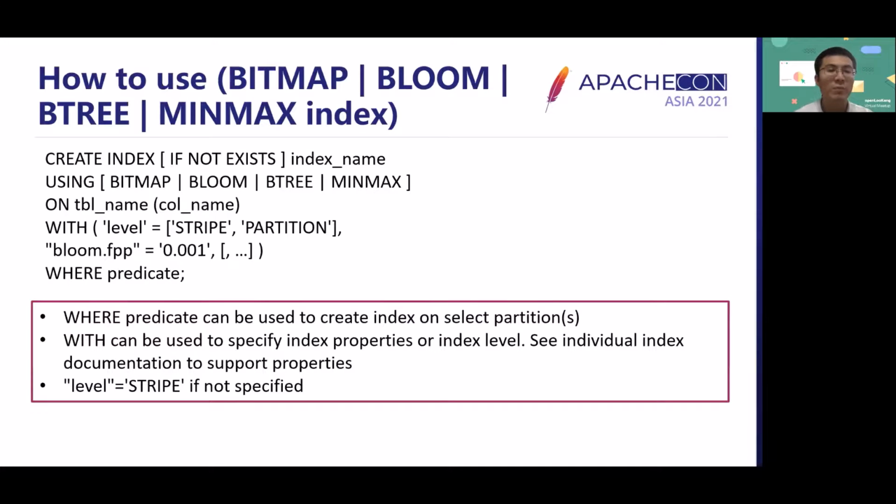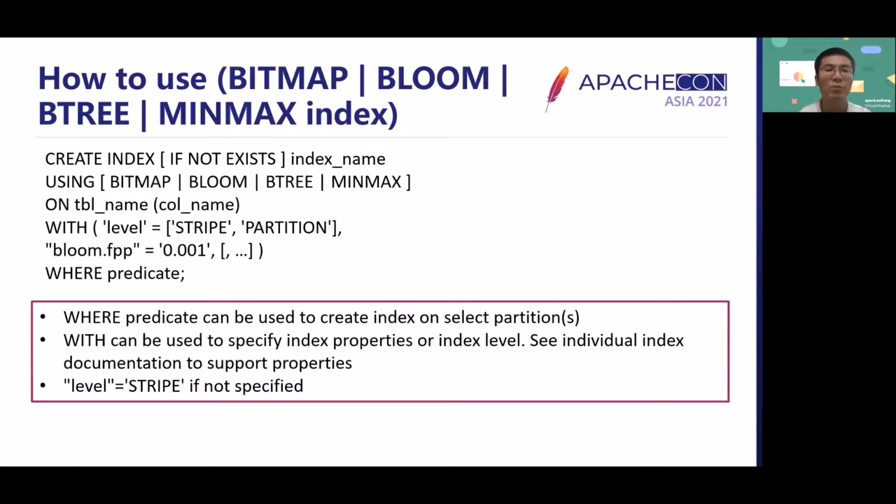We support the where predicate, which we can use to create an index on selected partitions. We also support the with clause, which can be used to specify index properties at the index level.